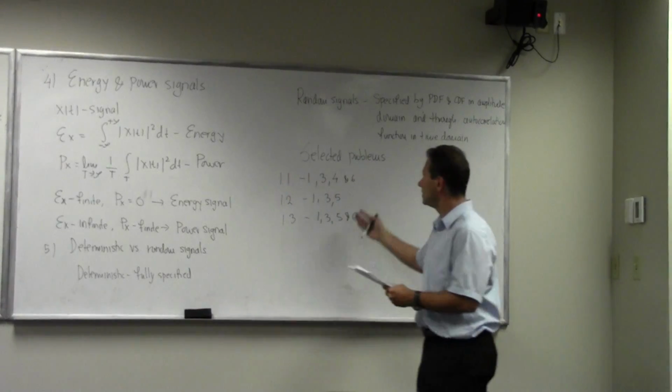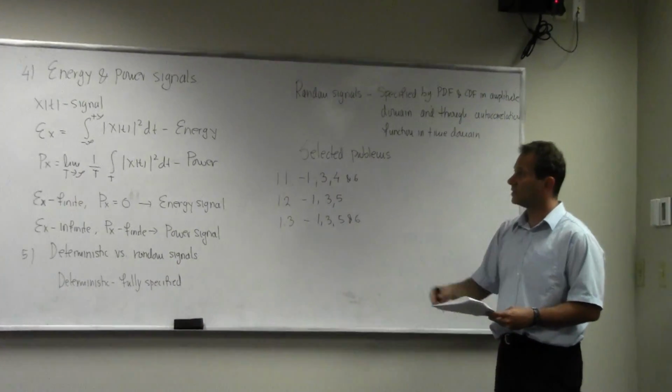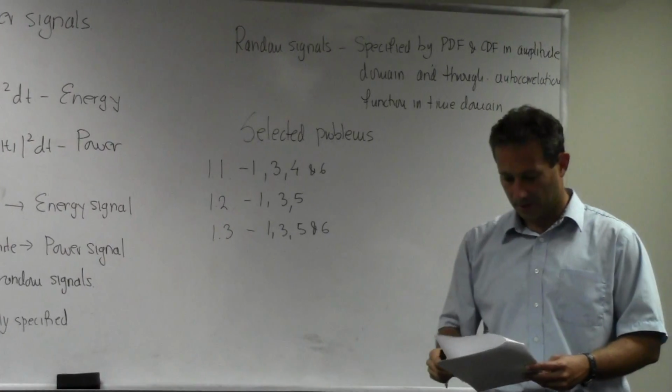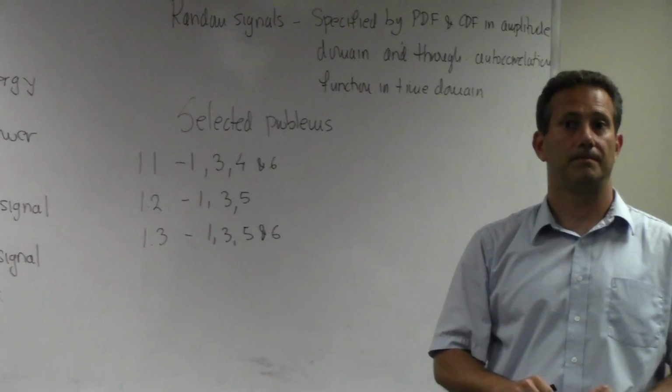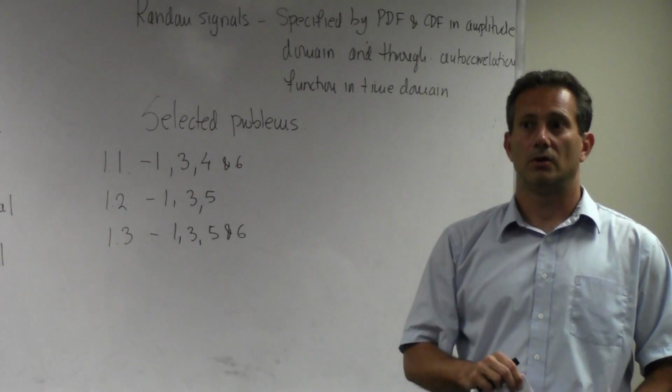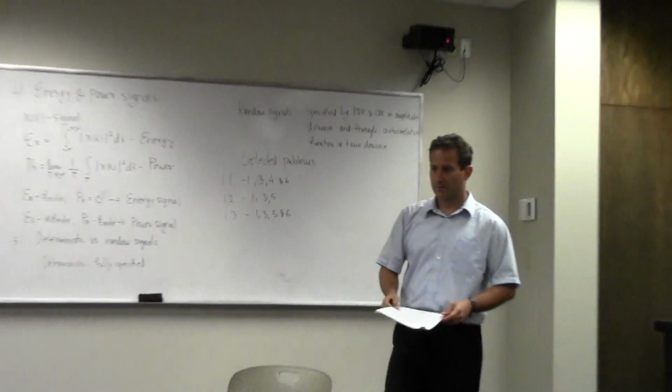So there are a lot of problems here, but they're all relatively easy, exercising the material that I went through tonight. Any questions here? Okay, so that's it for this first lecture.